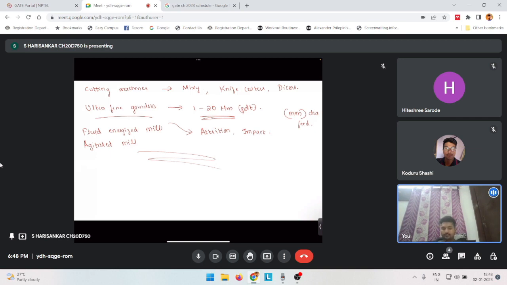So yes, that's it about these size reducing equipments. We'll stop with the theory for this class. In the coming classes we'll be discussing in much more detail some of these equipments, for example, the ball mill and roll crushers and so on.